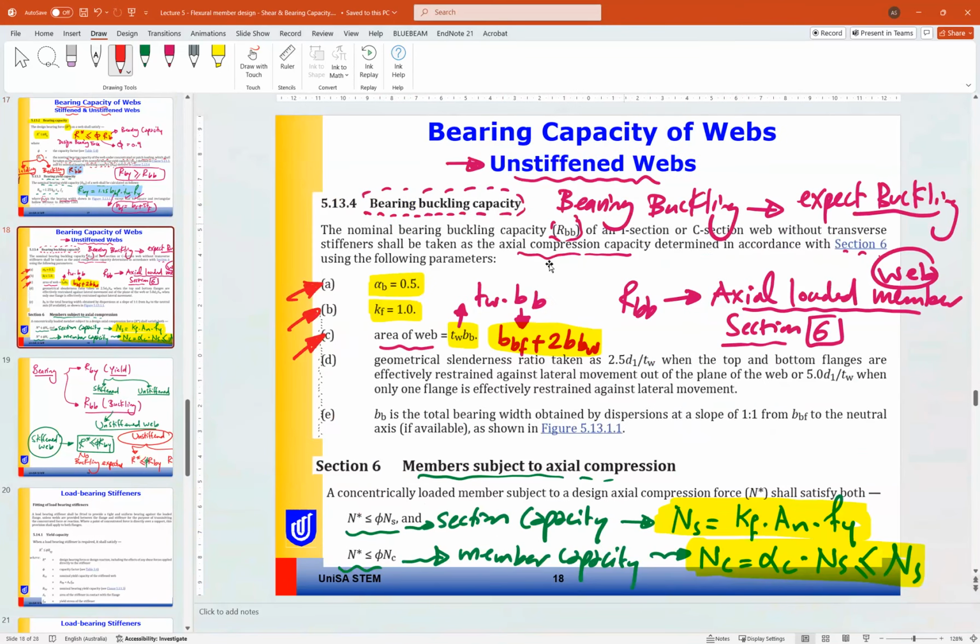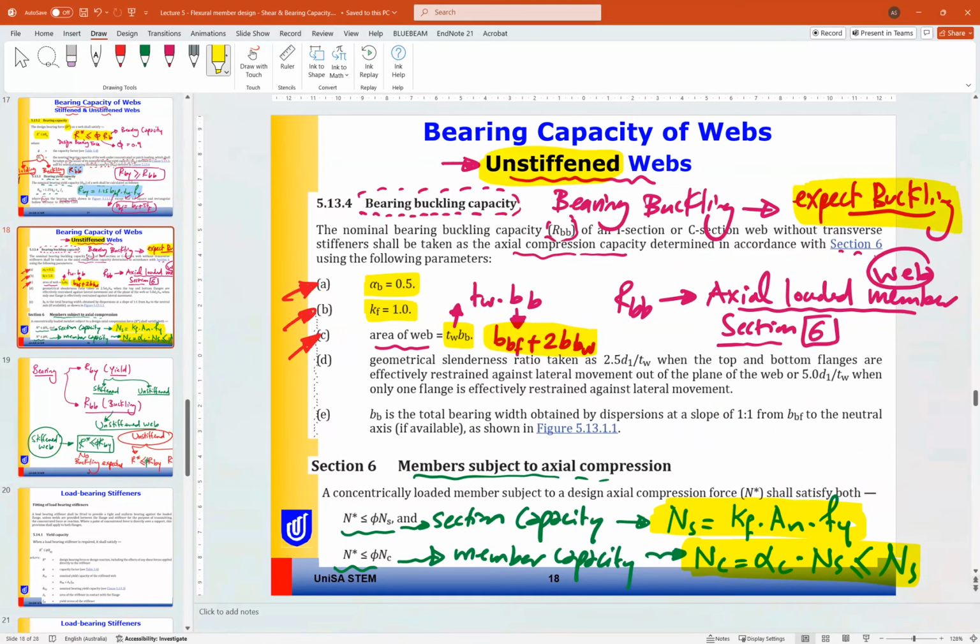But the bearing buckling capacity is only for unstiffened web because we don't expect buckling for the stiffened beam or the stiffened web. Okay, any question about that? No?